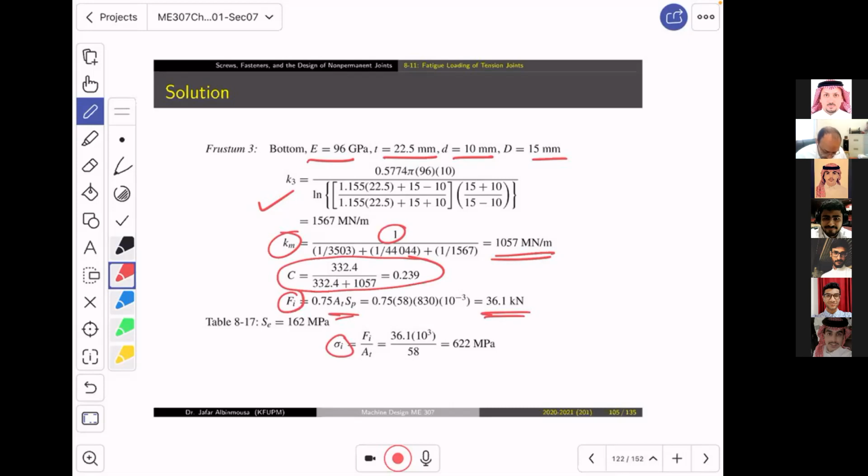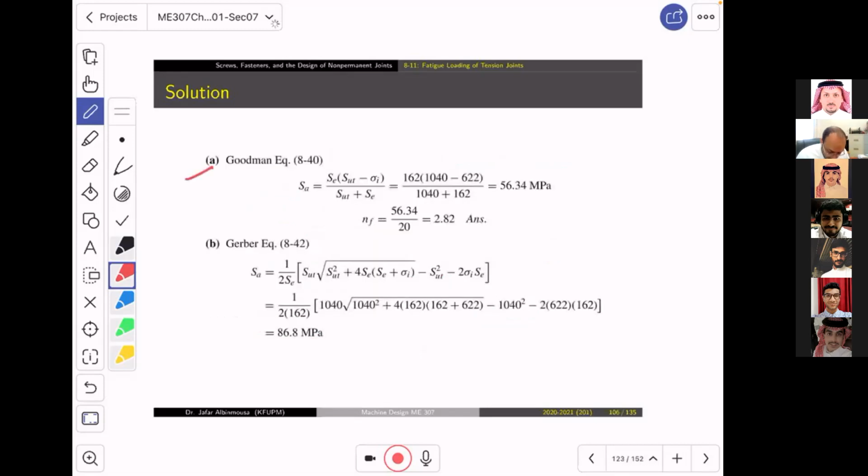لاحظوا يا شباب, this is the ISO 9.6. What is the endurance limit? It is 162 megapascal. So what happened, ya shabab? We can go now to Goodman and find SA. SA needs SE, SUT, sigma I, which are all available. And then I go and divide them by the amplitude that I have.